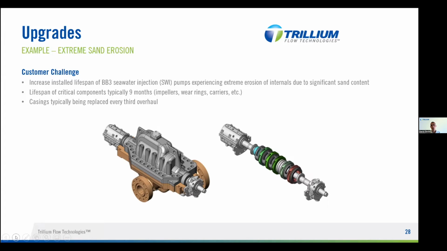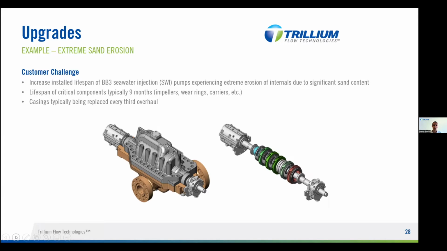So they were typically being replaced every 3rd or 4th overhaul, and that's obviously a really large expense. So the customer was asking us, what can we do to improve the lifespan of these components, and therefore the lifespan of the pump in service.